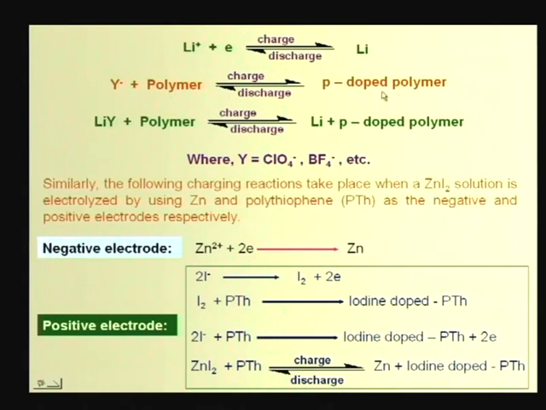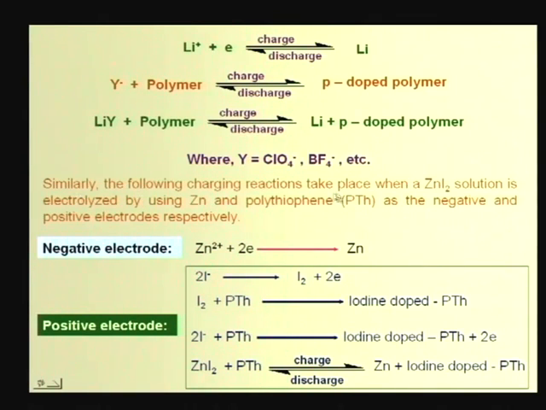The p doped polymer, that means an electron is removed here, so the polymer becomes p doped, means it will create a hole in the polymer, or it will create an excess of electrons, n doped polymer. So, p doped polymer, n doped polymer, provided the dopants are like this, chlorate or fluoroborate anions are there. You put your thoughts on this, very simple chemistry, you will understand.